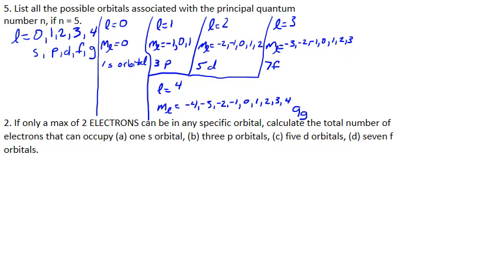So the final answer would be, I've listed all the possible orbitals. To get my total number, I would just add them up. There's 1 s orbital, 3 p orbitals, let's make 4, 5 d orbitals for 9, 7 f orbitals for a total of 16, and 9 g orbitals for a total of 25.